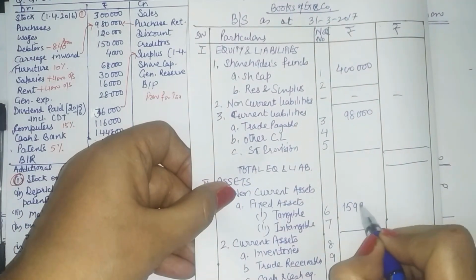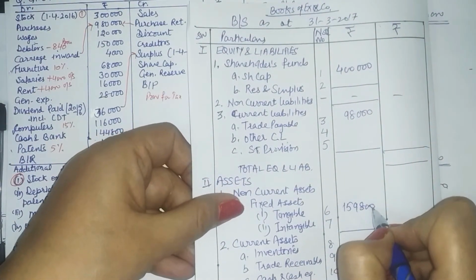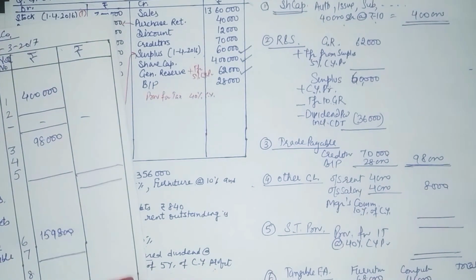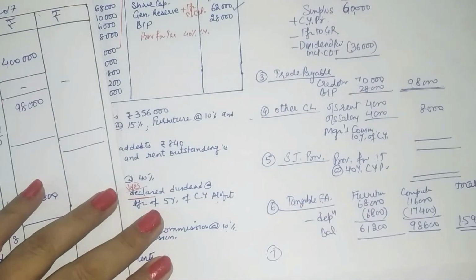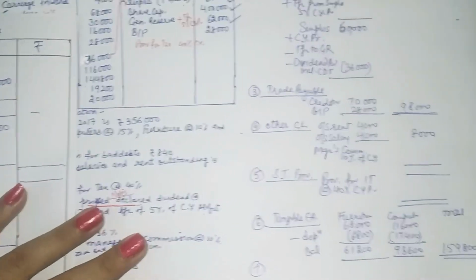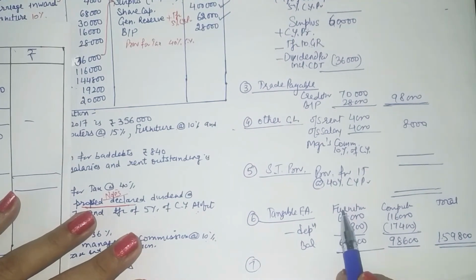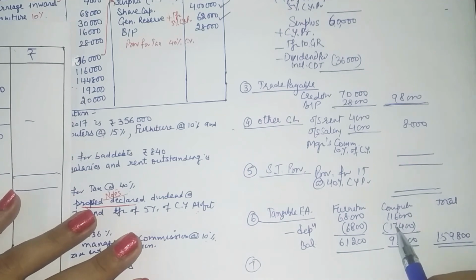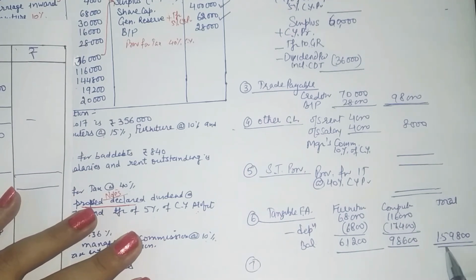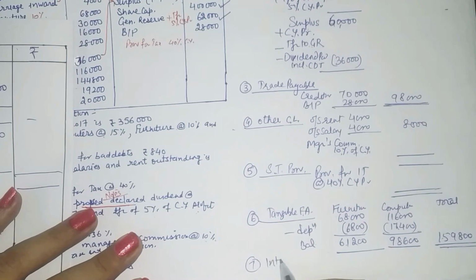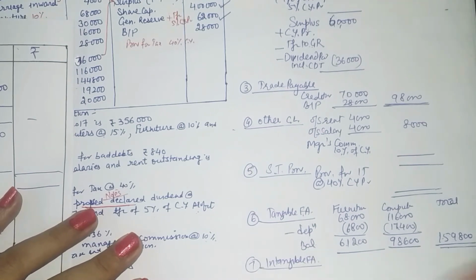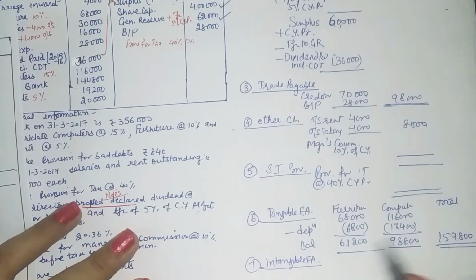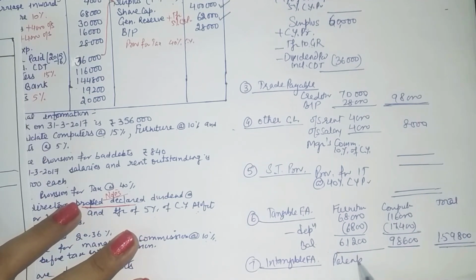Tangible fixed assets 1,59,800. Now coming to, see here, opening balance, depreciation 10%, depreciation 15% as per the information. So balance is this much. Now intangible fixed assets. Okay, so in intangibles we have just patents.